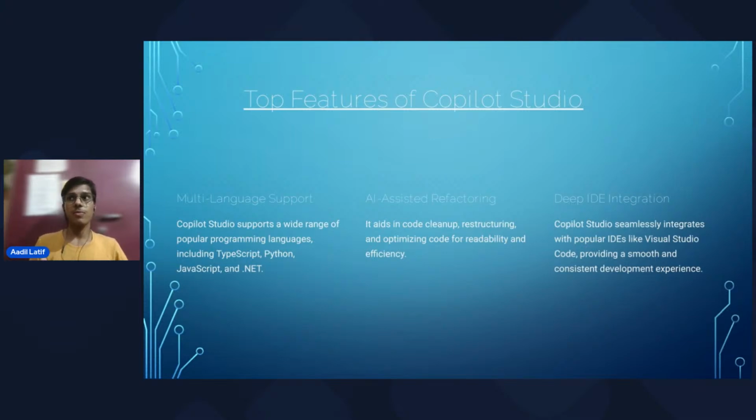If we are using VS Code, then Copilot Studio gives us all features alongside its advanced capabilities. This applies if we are using a work email, because Copilot Studio is not for individuals. It leads to improved productivity and code quality, and these features collectively empower developers to write better code more efficiently, enhancing our overall programming experience.